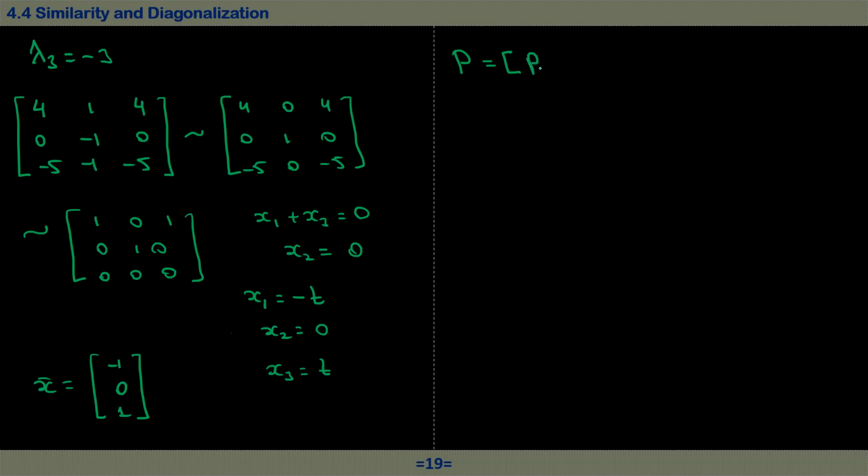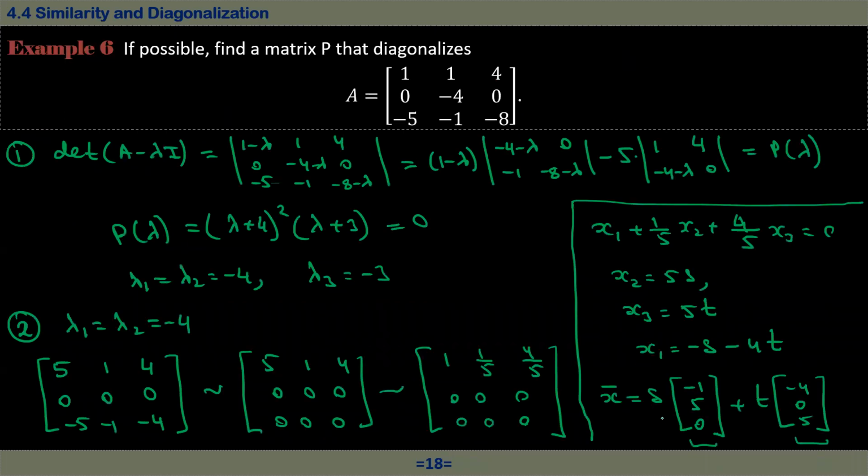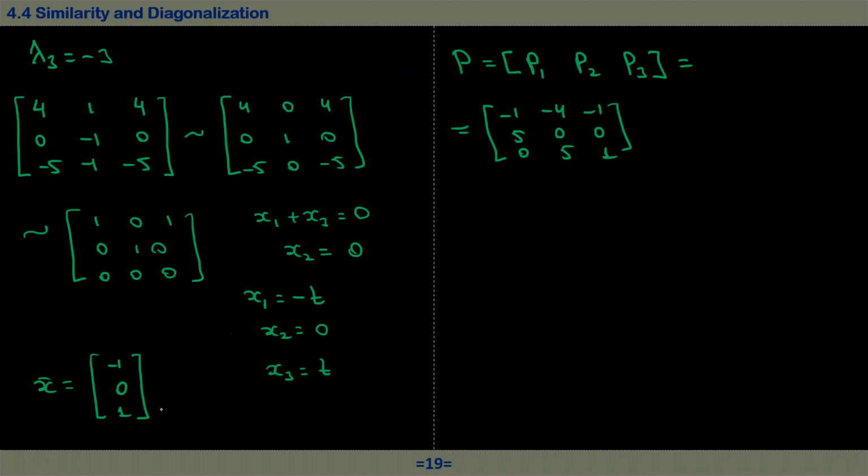The columns of P will be P1, P2 and P3. What is P1? That's the first basis vector, minus 1, 5, 0. And P2 is minus 4, 0, 5. And P3 is minus 1, 0, 1. Right? This one is vector P1, this one is vector P2, and this one is vector P3.